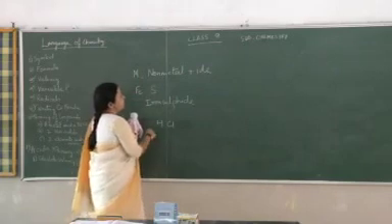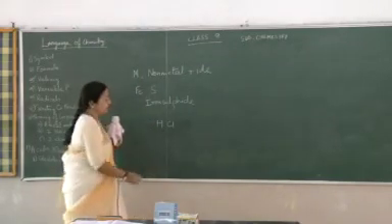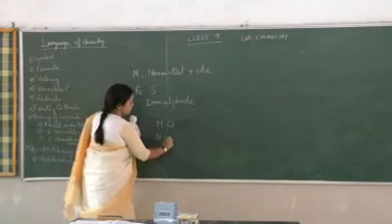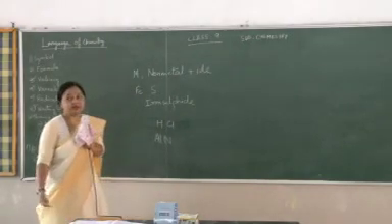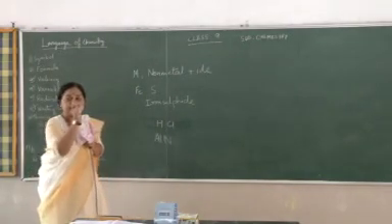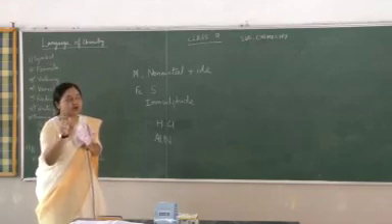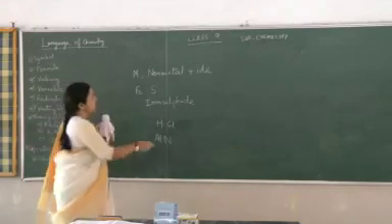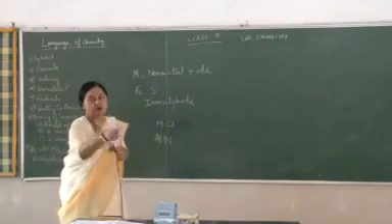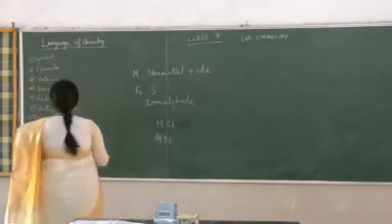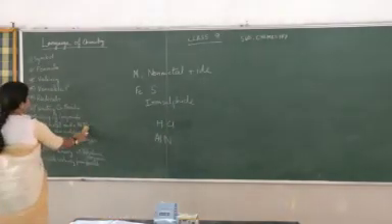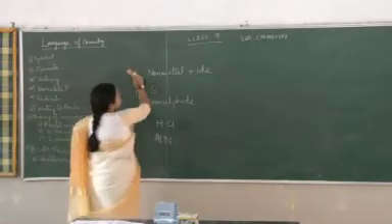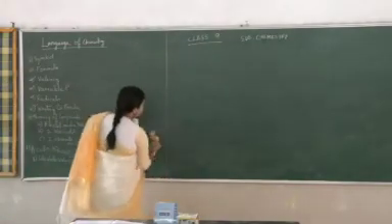Hydrogen chloride, iron sulfide, aluminium nitride, calcium carbide. So the metal is calcium, carbon is the non-metal, and IDE. So we add IDE, metal plus non-metal plus IDE. That is the way a metal and non-metal compound is named.